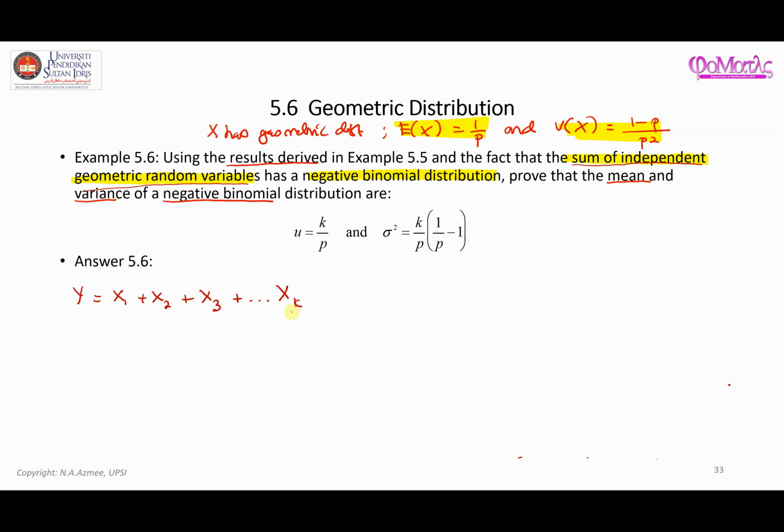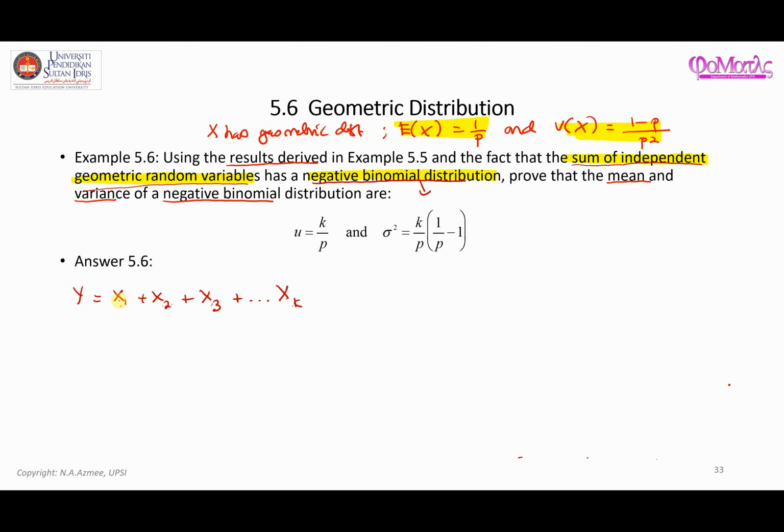Why do we stop at k? Because recall that in a negative binomial distribution, we are interested in the number of trials where the kth success happens. So here we are going to have separate geometric random variables up until Xk.